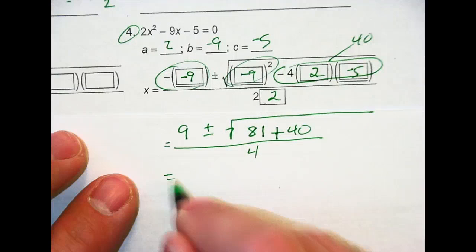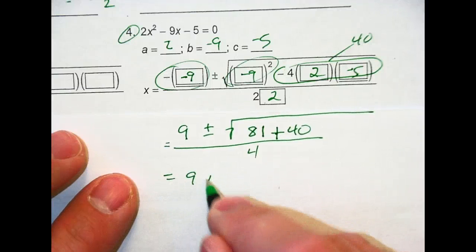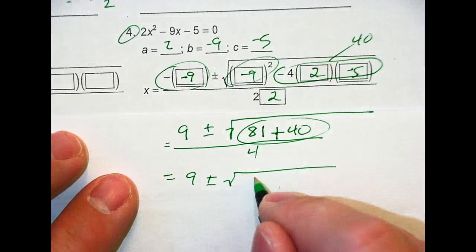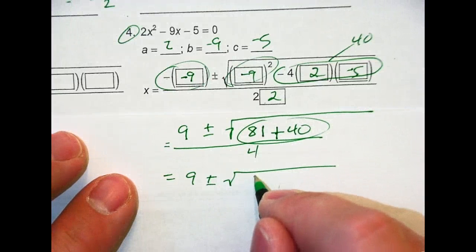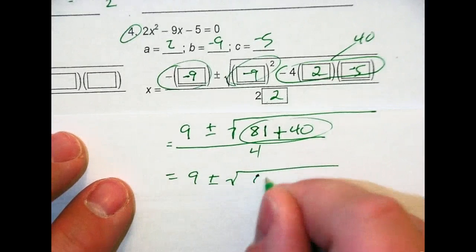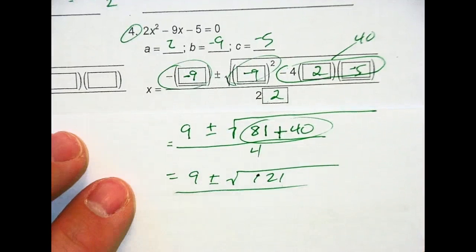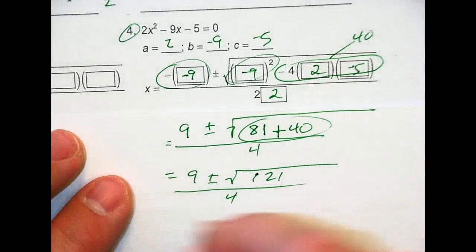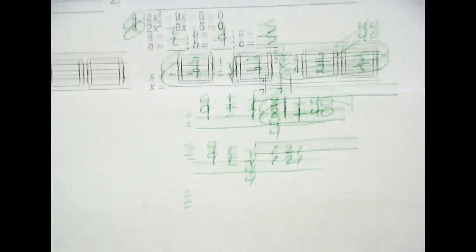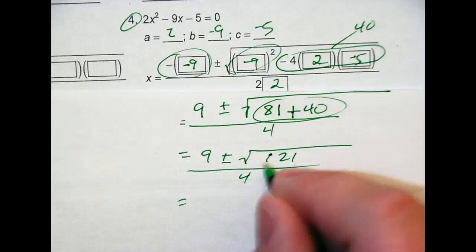Okay, simplifying inside the radical, we get 9 plus minus square root of 121, all over 4. All right. And finishing it up, we end up with, what's this piece?